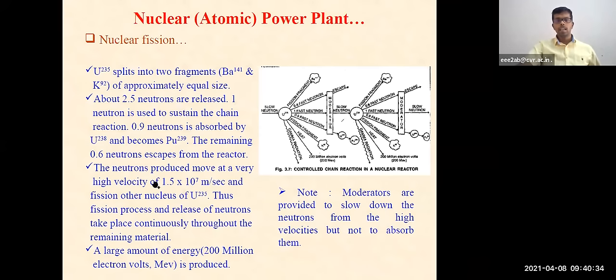So imagine, it is approximately half of the speed of light. That fast it is hitting the nucleus of other uranium-235 atoms. Thus, the fission process and release of neutrons take place continuously throughout the remaining material.